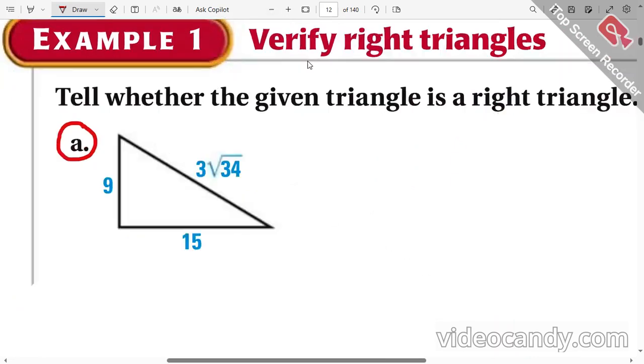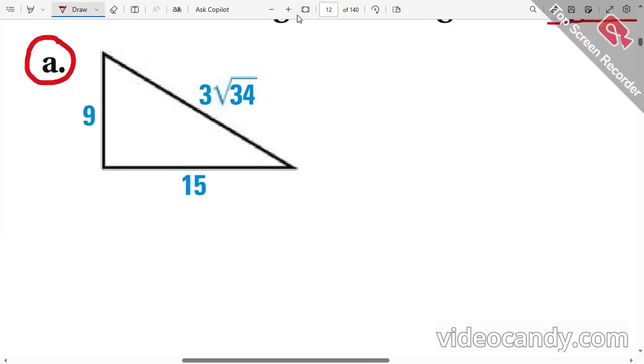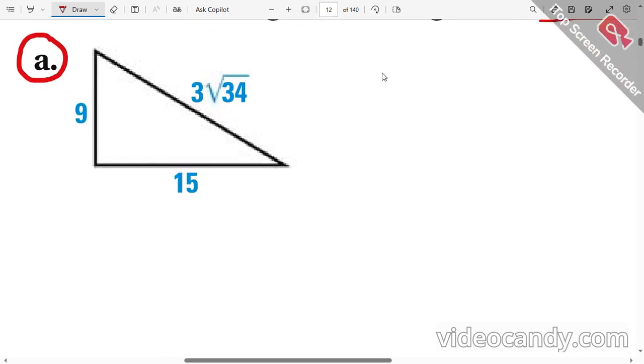Example 1, tell whether the given triangle is a right triangle. All right, so we have the triangle here, and we have our side lengths. We want to prove it's a right triangle, and we want to do c squared versus a squared plus b squared. Okay, I like to do it on a table.